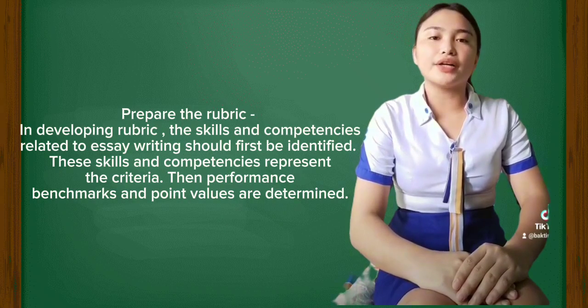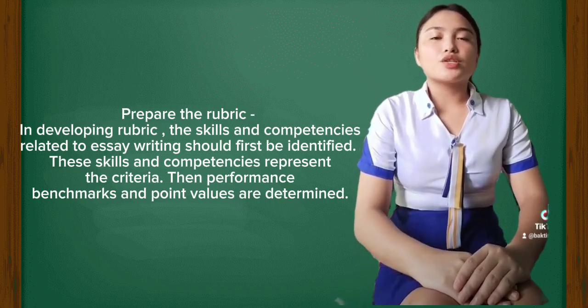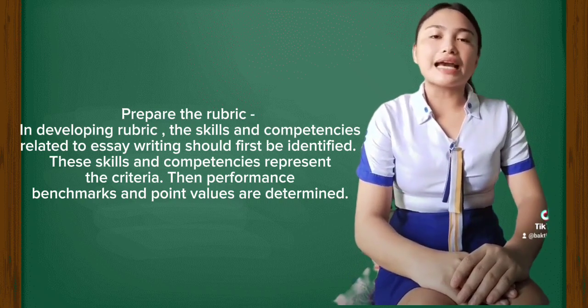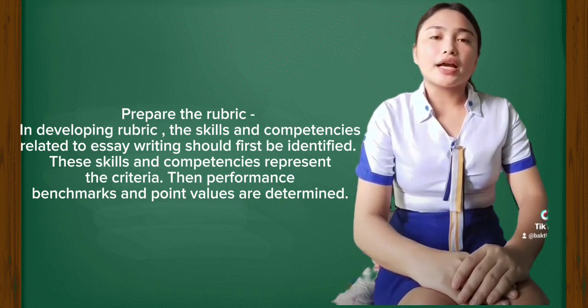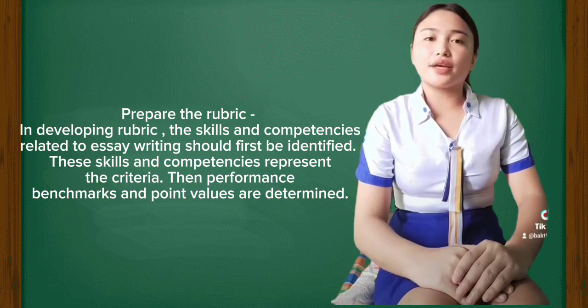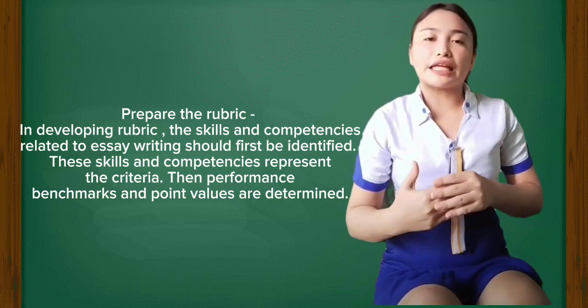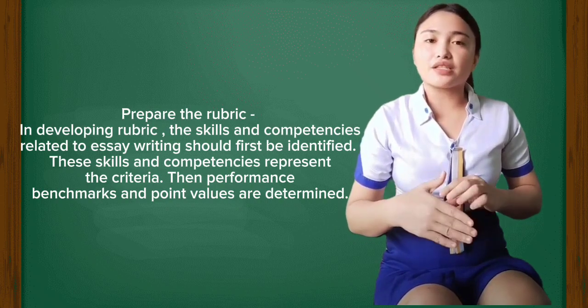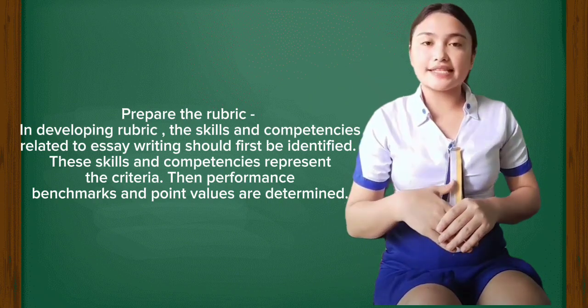Performance marks can be numerical categories, but the most frequently used are descriptors with corresponding rating scales. So if mag-rate ka og usa ka essay, kinahanglan jud nga mag-prepare og rubric. Kay unsaon man nimo pag-check sa usa ka essay kung wala ka kahibaw sa rubric. Mao jud, importante kaayo nga mag-prepare ka og rubric before mag-check og essay test.